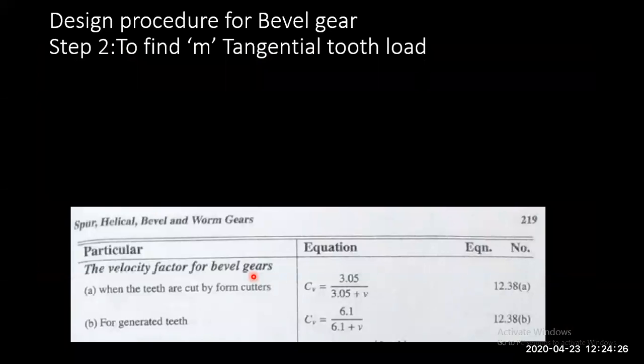CV, again for bevel gears, is different. Here it depends on the type of cutters used, whether it's generated teeth or cut by form cutters. In the previous two, it depended on velocity, but here it depends on the type of cutter.